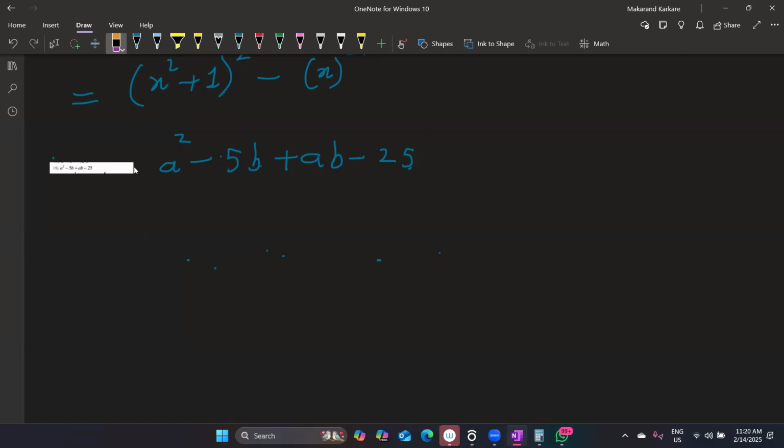Wait a minute. Okay, suppose I took it like this. A square minus 25, minus 5b plus ab. Okay. If I combine these two, that's going to give me a plus 5 into a minus 5.